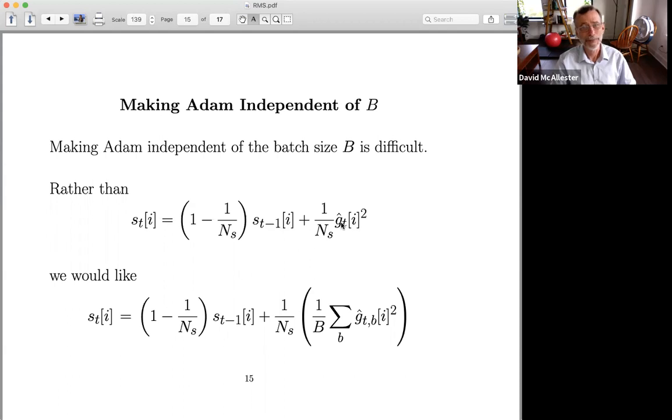And the square of the mean is not the same as the average square. There's a variance in between those. There's a gap, which is the variance. So if we're going to get a good estimate of this quantity per training instance, we would rather sum up over the batch the square.